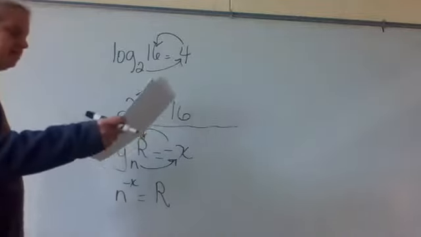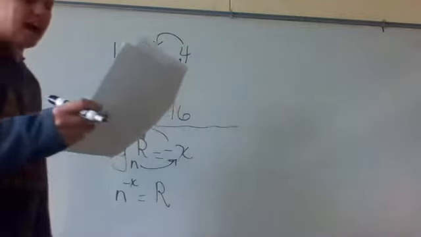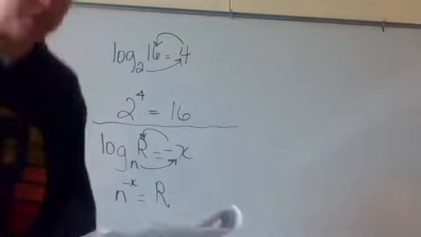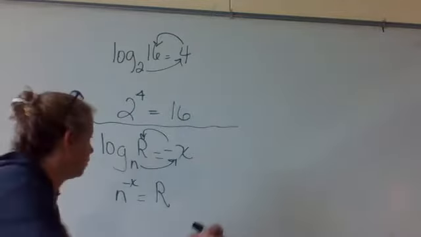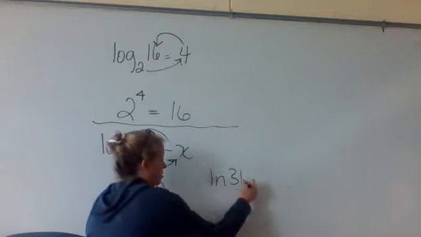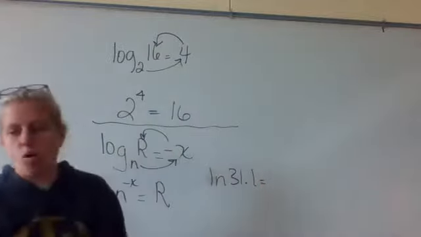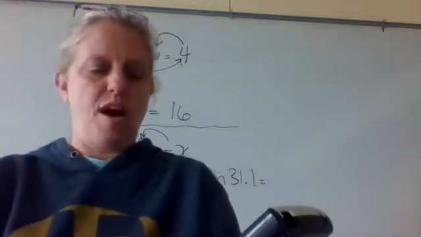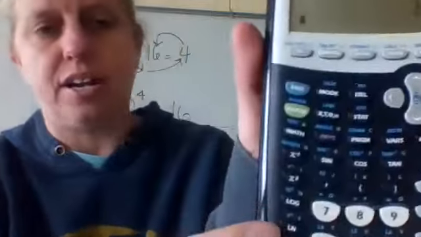Right? Number 14. Use a calculator to find the natural logarithm. So it just says ln of 31.1. Again, that is simply just putting it in your calculator and rounding it to 4 decimal places. So you have an ln button on your calculator.